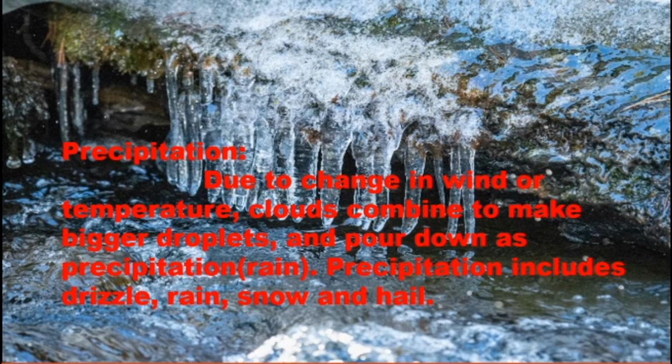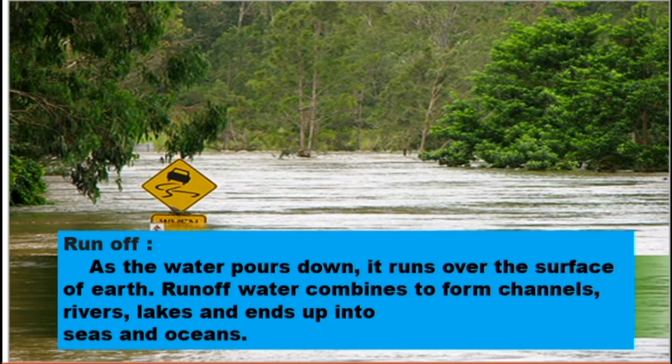So precipitation is the change which occurs in the environment because of wind and temperature. The big droplets pour down as rainfall, sometimes heavy rainfall, snow, hail, or drizzle. This we call precipitation.